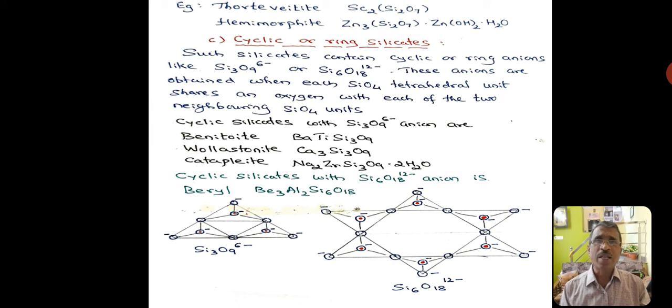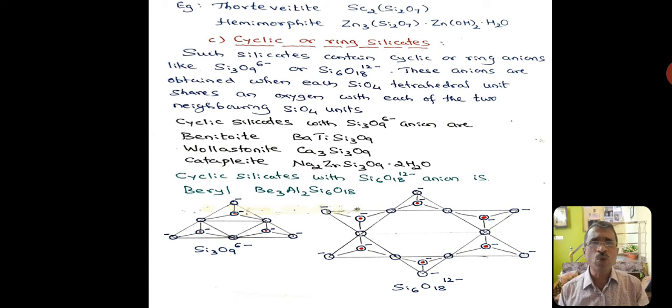As I have earlier said, in the ring silicates, 2 oxygen atoms are utilized in the formation of a chain with other silicates. Now, I have shown the structure below. Si3O9 has the 6 minus charge, and the diagram shows how this 6 minus charge comes.